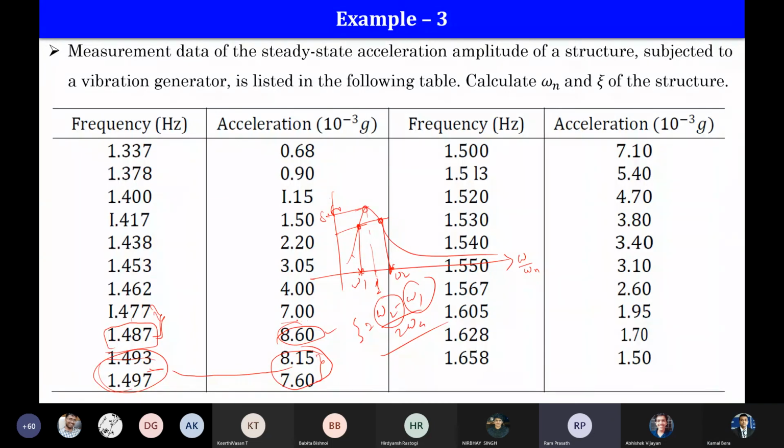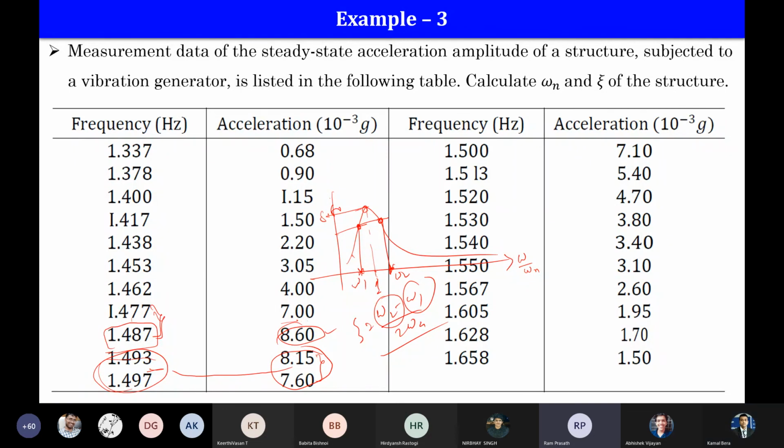We know only omega 2 and omega 1, which we can find using this frequency and acceleration curve, so there are two unknowns. In the question they ask to calculate omega n and zeta of the structure.